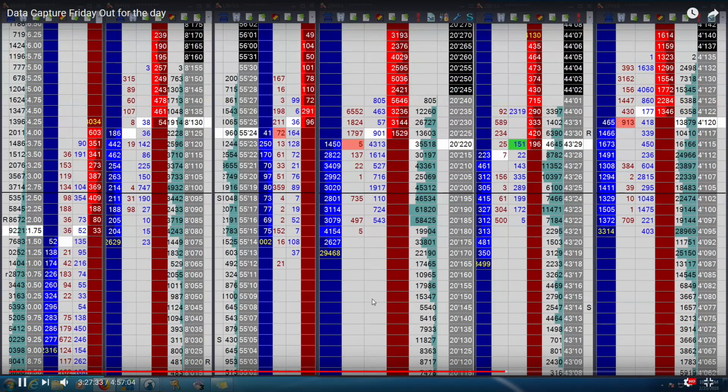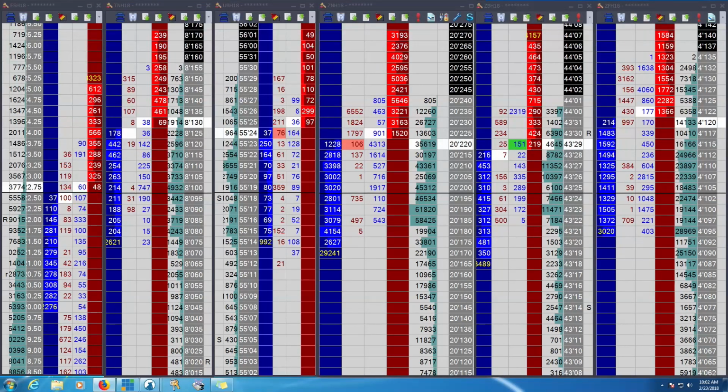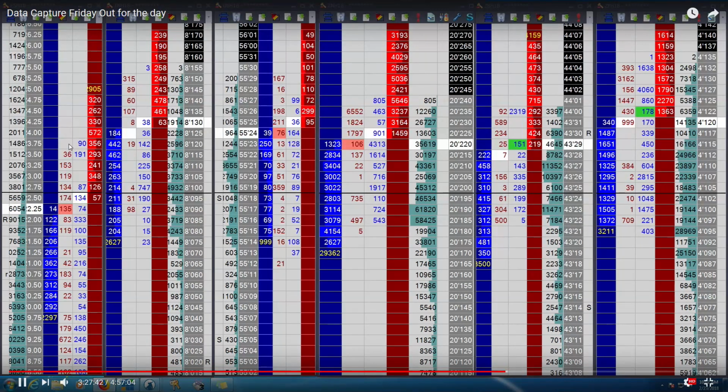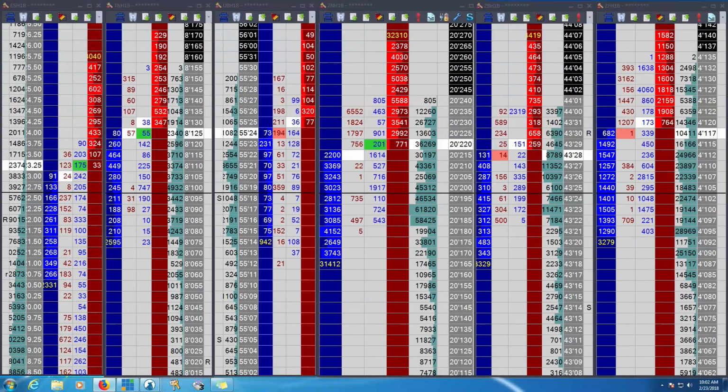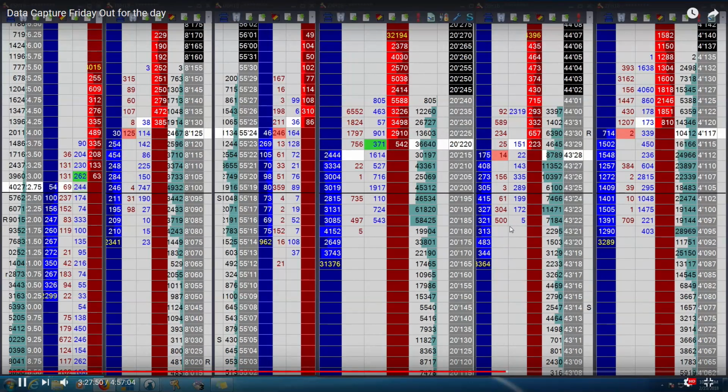There's really no market auction activity. E-mini's crawling up. Let's see if it pops through here. Yep, we'll drop down here. Almost like there's E-mini correlation almost here.